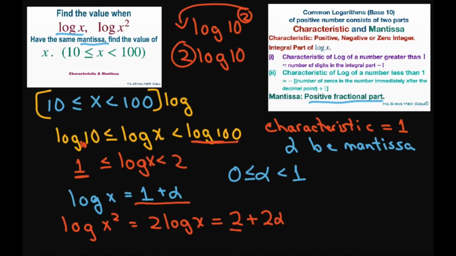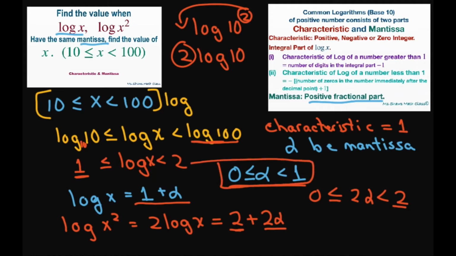If 2 is the characteristic and 2 alpha is the mantissa, then looking at this, we're going to have 0 is less than or equal to 2 alpha is less than 2. But it can't be true because the mantissa has to be fractional. It can't be 2. That wouldn't be a fraction. So we have to disregard that, and we're going to have to look at 2 other conditions because this is not going to work here.